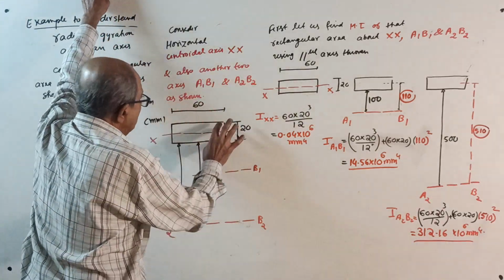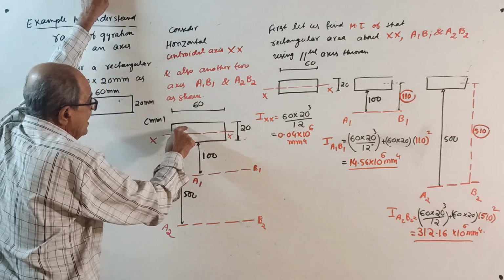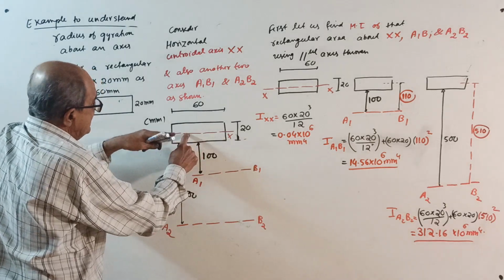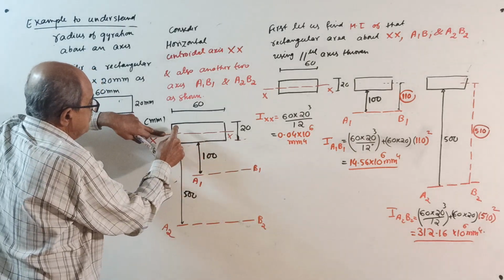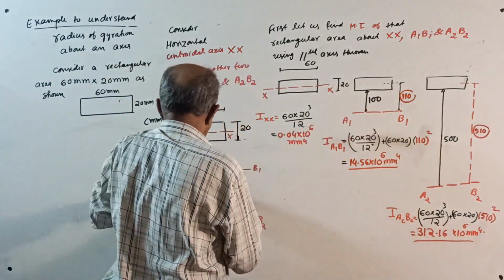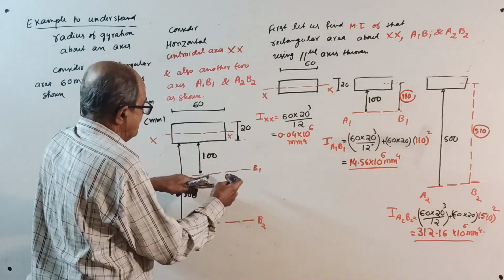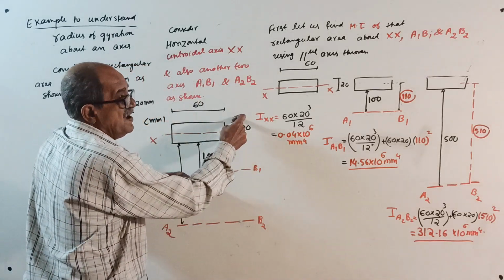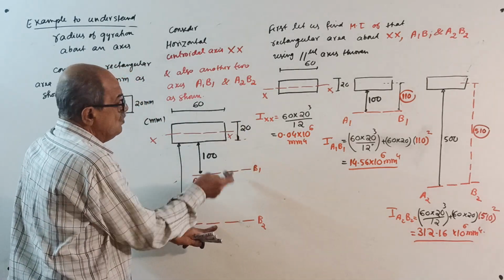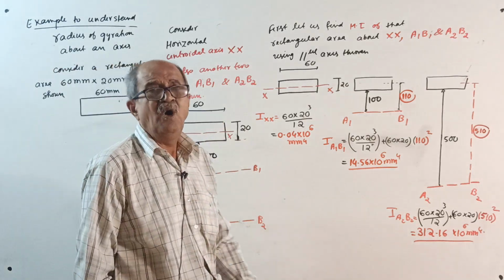It is elemental area into y square about the centroidal axis, integration from minus 10 to plus 10. For the second one, about this axis, integration is from 100 to 120. For A2, B2, integration is from 500 to 520. This I told earlier.